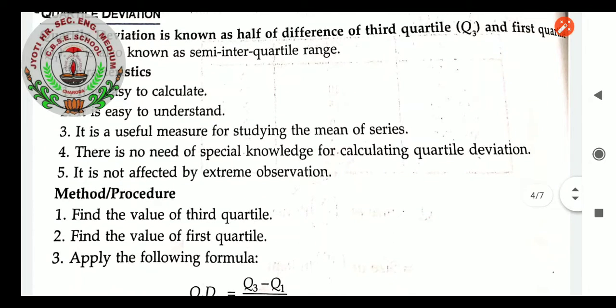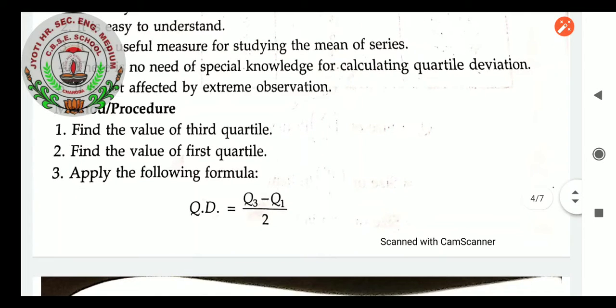Method and procedure: find the value of third quartile, then find the value of first quartile, and then apply the following formula. So here also for quartile deviation we have to take out Q3 and Q1 the same way as we did for interquartile range, and then we will use the formula of quartile deviation, that is Q3 minus Q1 divided by 2.